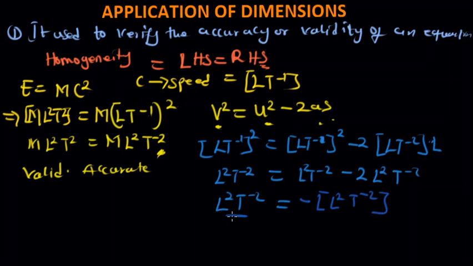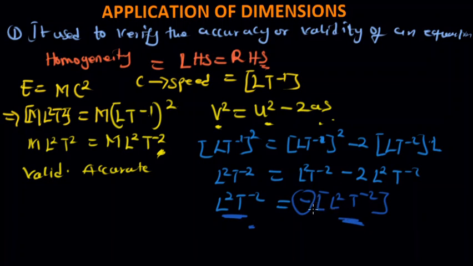So you can see that the dimension at the left hand side is the same as the dimension at the right hand side. So we can say that this equation is valid. You see, we are not too much concerned with the negative. Ours is the dimension. So the homogeneity principle says that the dimension of the left hand side of the equation should be equal to the dimension of the right hand side of the equation.